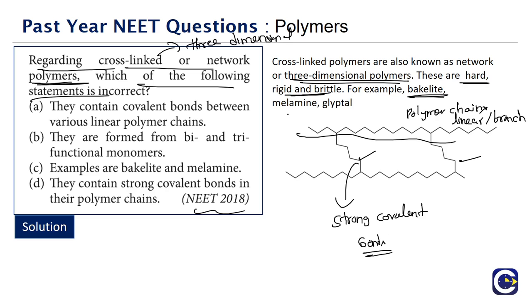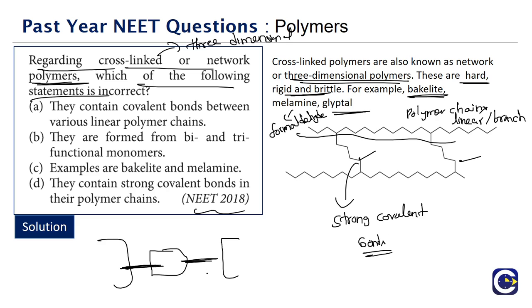The examples are bakelite, melamine formaldehyde resin, and glyptal. Both bakelite and melamine are formaldehyde resins. And when we look at the formation of the cross-linking polymer, we are supposed to have cross-linking happening, which means generally if you have any monomer, it has got 2 functional sites or active sites, then it can give rise to the polymer chain.